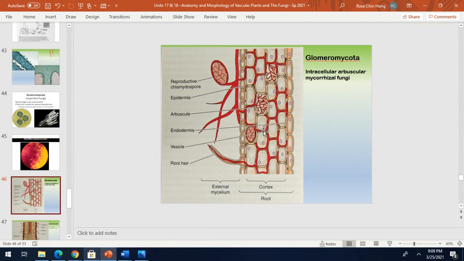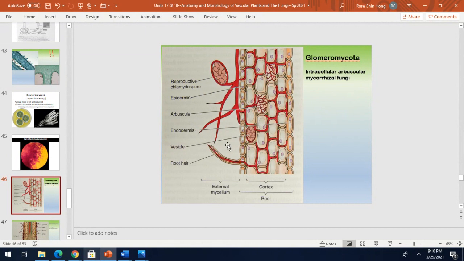This is one that goes intracellular, so it goes through the cells and they form these arbuscular structures, or arbuscules. So these are the intracellular arbuscular mycorrhizal fungi because they are in the cells of the root of the plant that they're associated with.